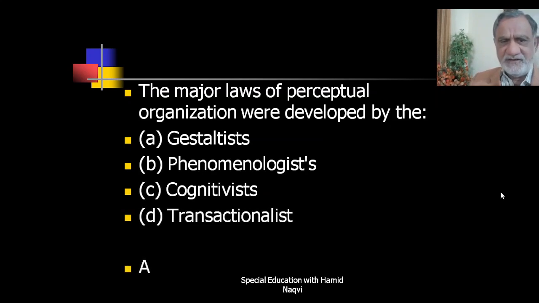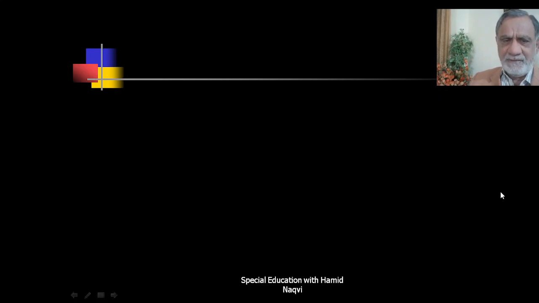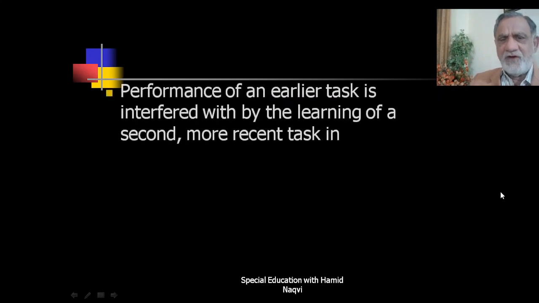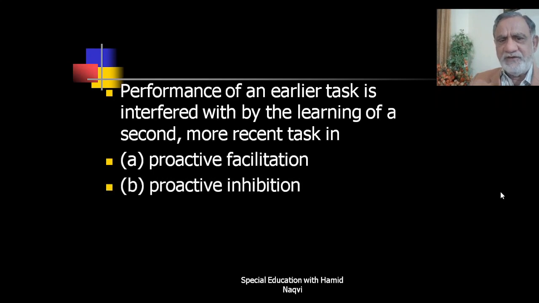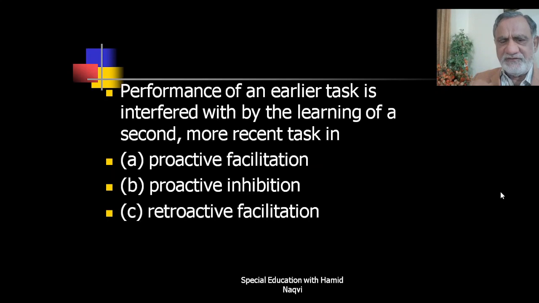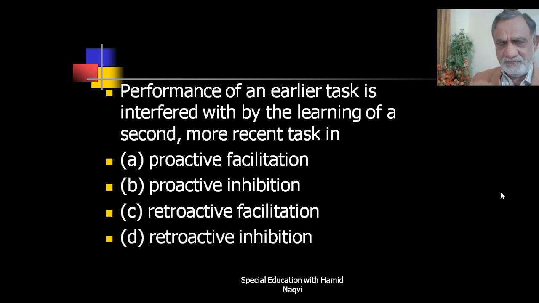The correct answer is A. Performance of an earlier task is interfered with by the learning of a second, more recent task in: proactive facilitation, proactive inhibition, retroactive facilitation, or retroactive inhibition. The answer is A, that is proactive facilitation.